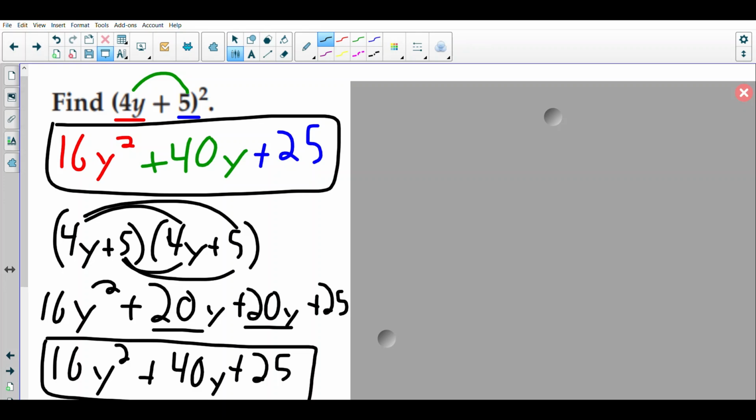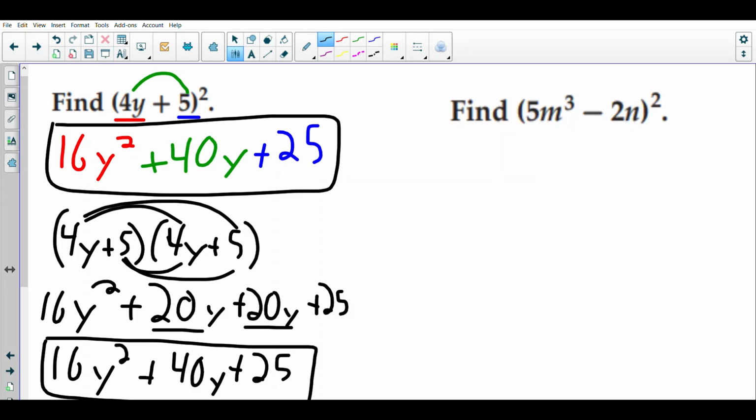Next problem. Find 5m to the third minus 2n squared, quantity squared. So again, square the first. 5m cubed times 5m cubed, we get 25m to the sixth. And then multiply and double.